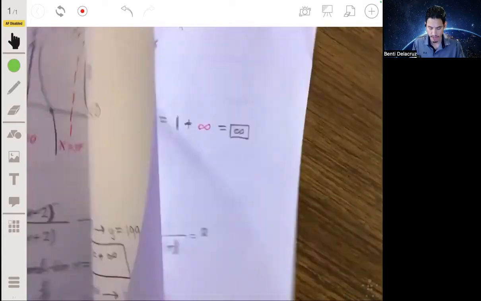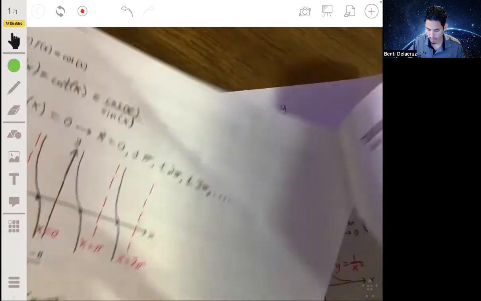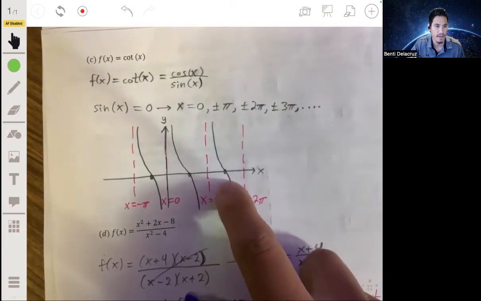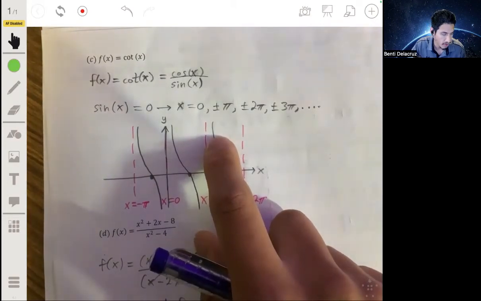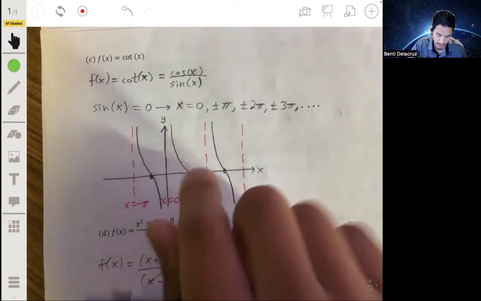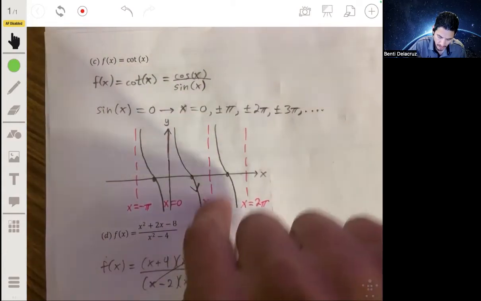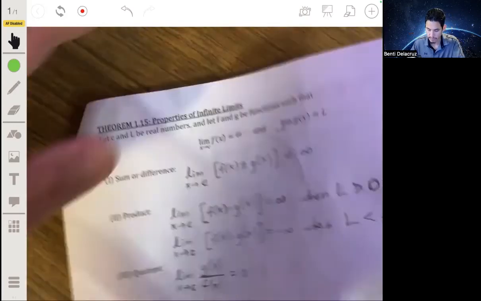Now let's pop back to the graph we just did in the previous part of the lesson. Cotangent of pi is not defined, but the limit as it approaches pi from the negative side, and we're coming on this end, is going to be negative infinity because we're going downwards.